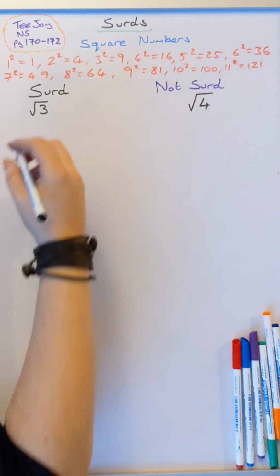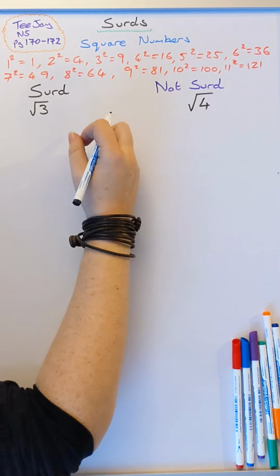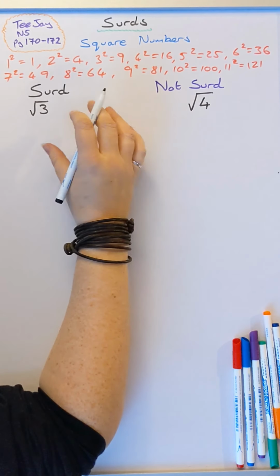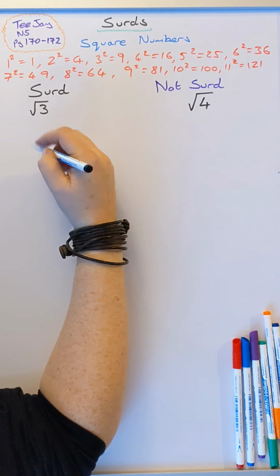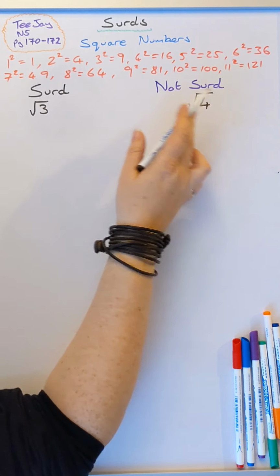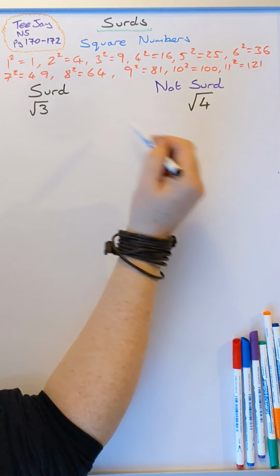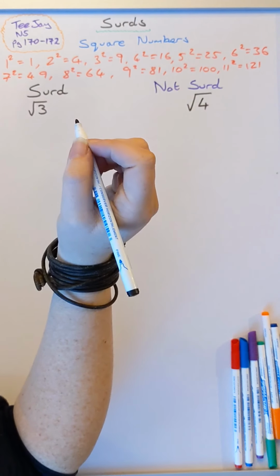There are some interesting things you can do with surds. Basically, apart from the number 1, which is not prime anyway, you will not find a prime number as a square number.